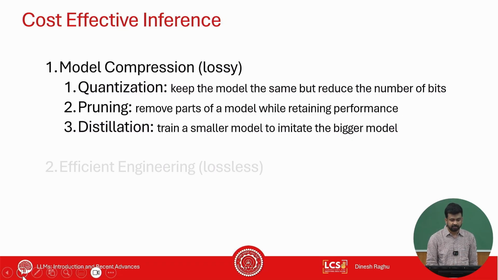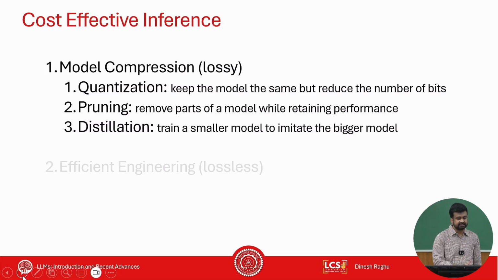Pruning is where you prune out certain parts of the network while trying to maintain similar performance, though of course it's going to be lossy. And finally, distillation is where you have a big model that is trained well, and then you train a smaller model by using the bigger model as a teacher. Don't use the real output, but rather use what the teacher model predicts to guide the smaller model.